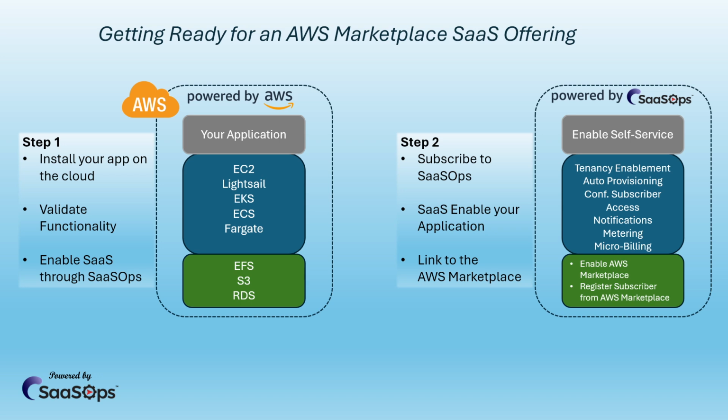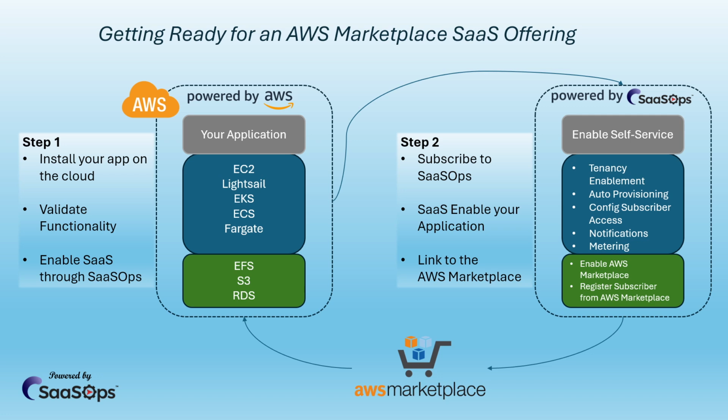You're going to configure your subscriber access. You're going to set up your notifications. If you're using metering, we will also set up your metering and micro billing and tier-based billing and the ways that you want to price and sell your product. And then we're going to enable it for the AWS Marketplace and guide the subscriber to the registration page from the AWS Marketplace.